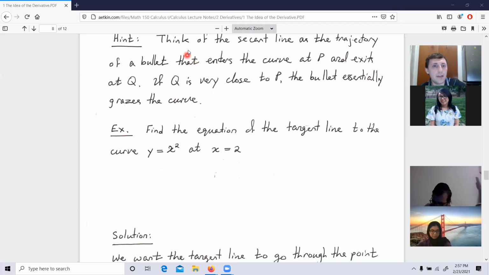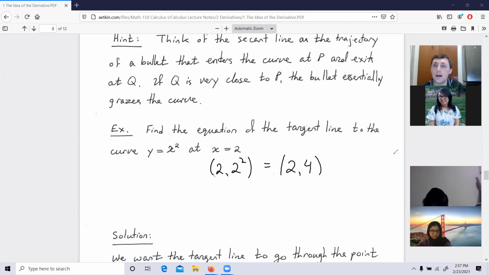So here is what we have, guys. We need to calculate at x equal to 2. Now, what is the coordinate at x equal to 2? The coordinate at x equal to 2 is 2, 2 squared. If the x coordinate is 2, the y coordinate has to be 2 squared. You can just keep it as 2 and 2 squared, or if you want to, you can write 2 and 4.